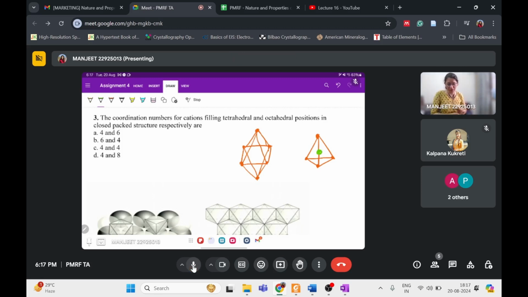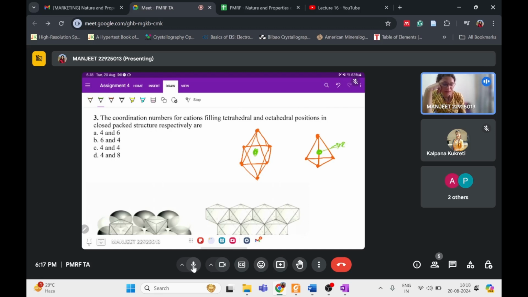Sorry for the inconvenience. In the tetrahedron, your atom will be sitting here. In the octahedron, it will be somewhere here. So you have to find out what will be the coordination number for the cation that is filling the octahedral and the tetrahedral.